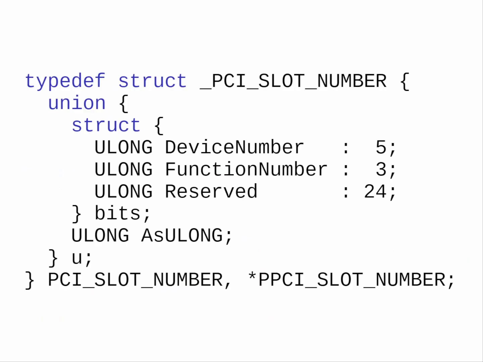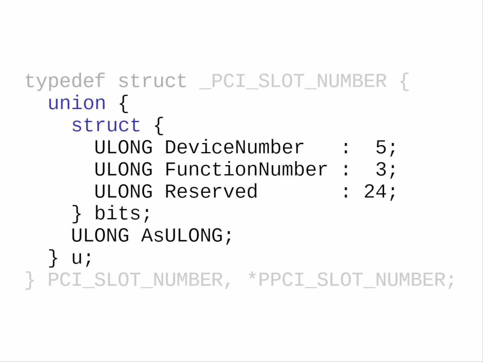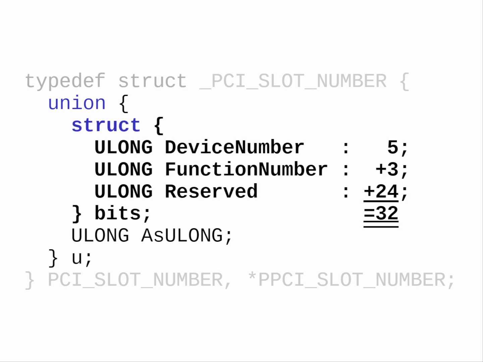To represent this, the driver API contains a struct PCI slot number whose only member is a union called U. We can basically ignore the outer struct here. It most likely exists so that the PCI slot number data structure remains extensible if we ever need to store additional data outside of the union. The union contains another struct called bits.